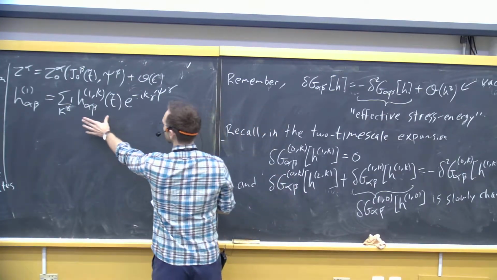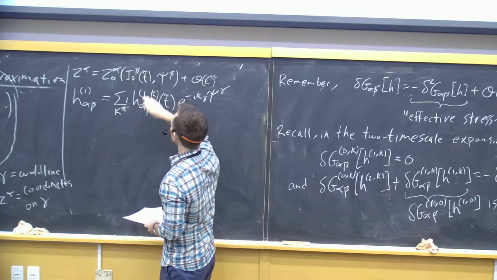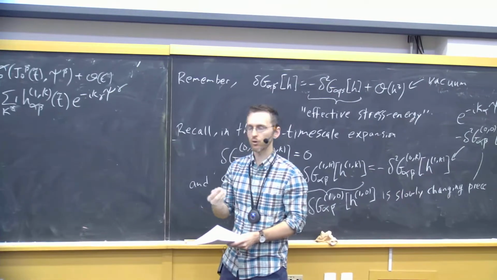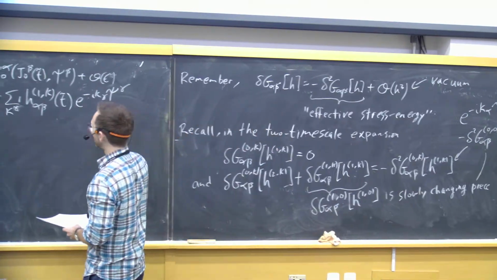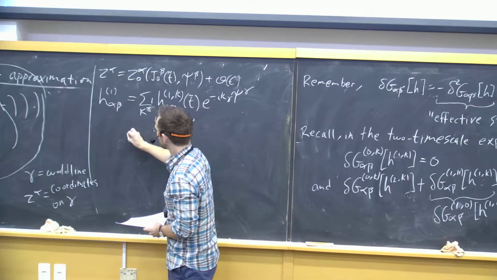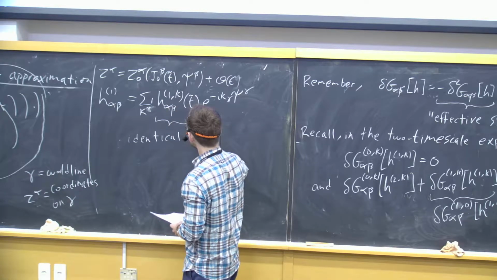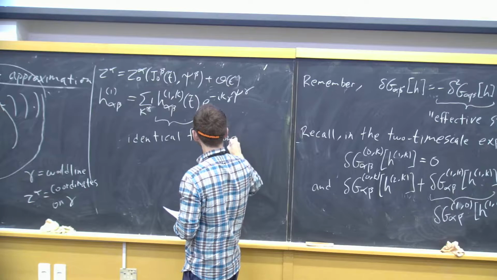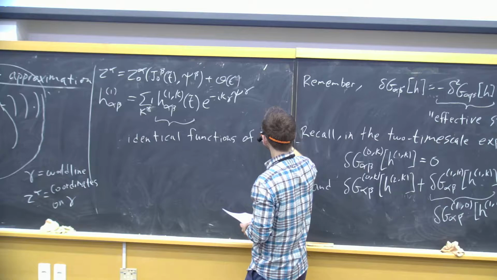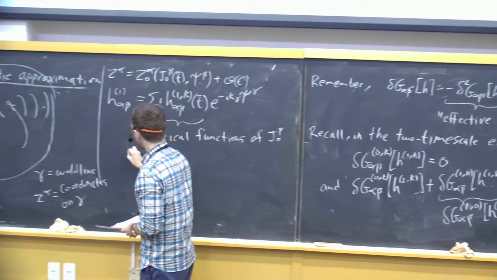So this doesn't look like what you'd have for a geodesic because these are slowly changing with time, and these phase factors are the true phase factors on the accelerated orbit, not on a geodesic. But these coefficients are identical functions, not of t tilde, but of J0.